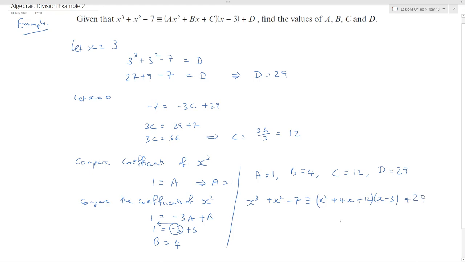Now that's very similar to the first example, and if I were to divide all the way through by x minus 3, so divide every term by x minus 3, I get x cubed plus x squared minus 7 divided by x minus 3. If I divide this term by x minus 3, it cancels that one there. So that gives me x squared plus 4x plus 12 plus 29 divided by x minus 3.